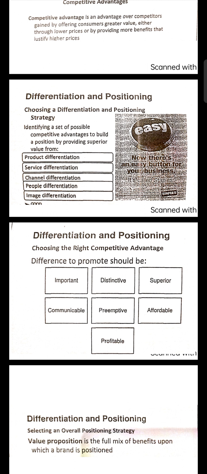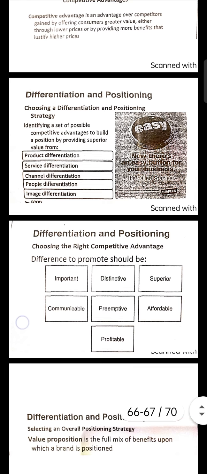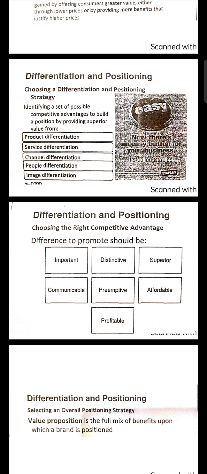What is the difference of your service compared to your competitors? Channel differentiation, so what channel you use to promote your product compared to your competitors. People differentiation, so what is different about your people compared to your competitors' people. Okay, image differentiation, so what kind of image do you have for your services or your product compared to your competitors.